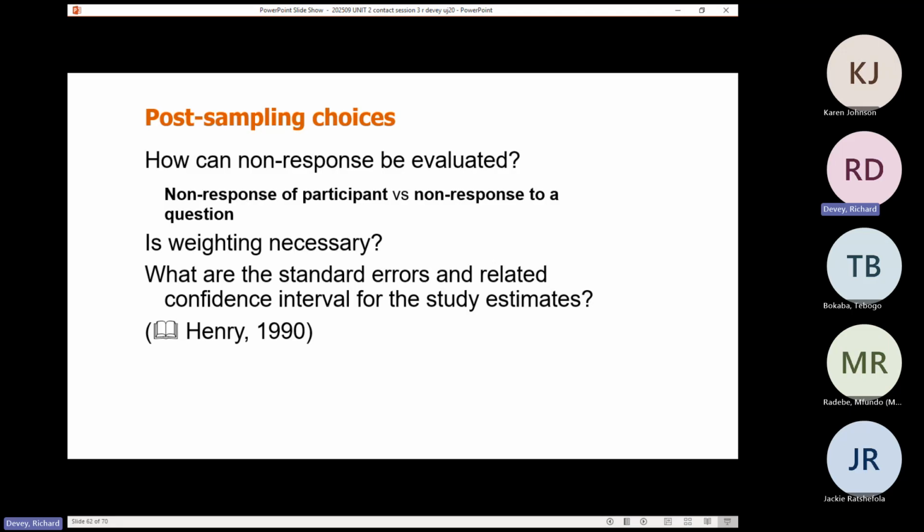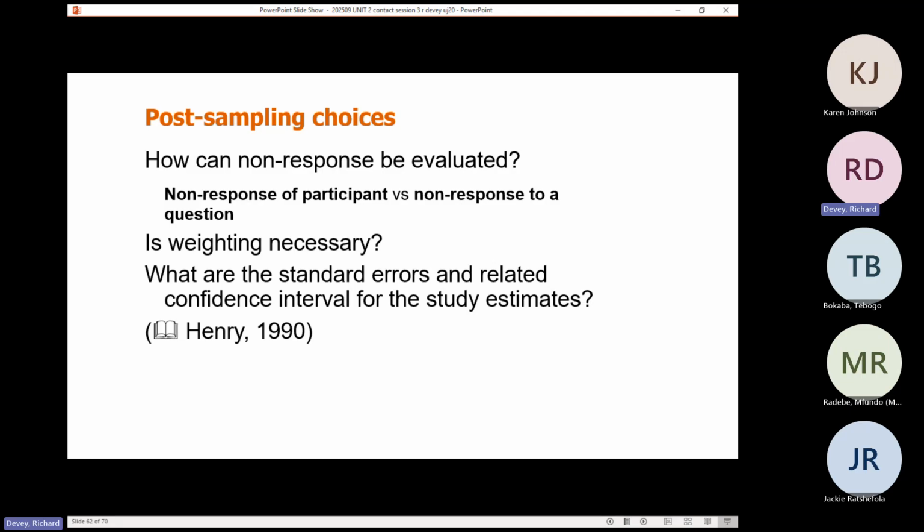And then the second type of non-response is non-response to a question. So you've got people answering the questionnaire, or giving you information in different contexts, but certain information is missing. It might be a particular question that people don't answer because it's not relevant to them, or they don't understand it.